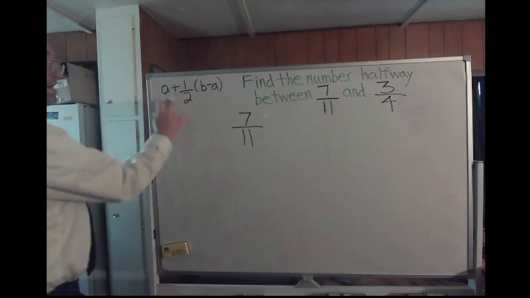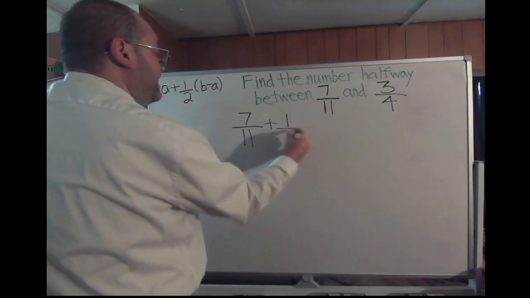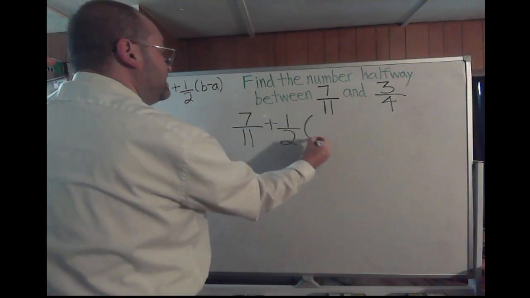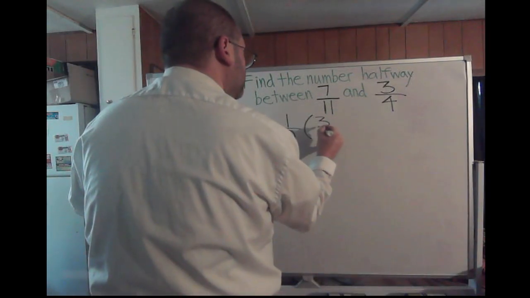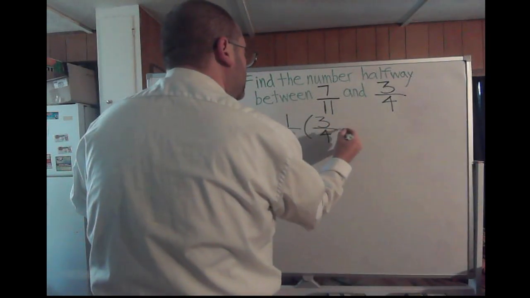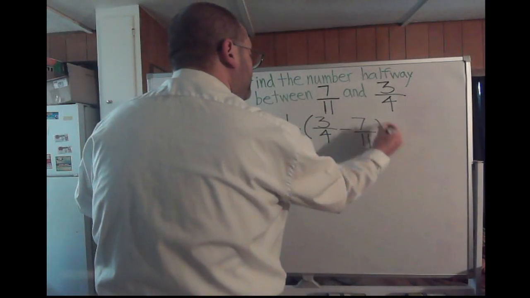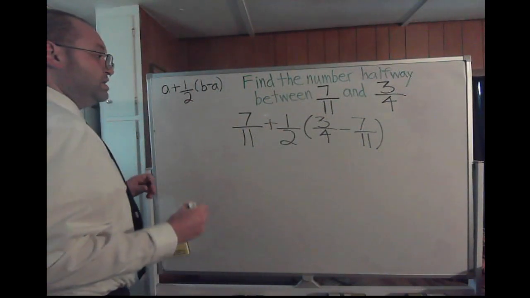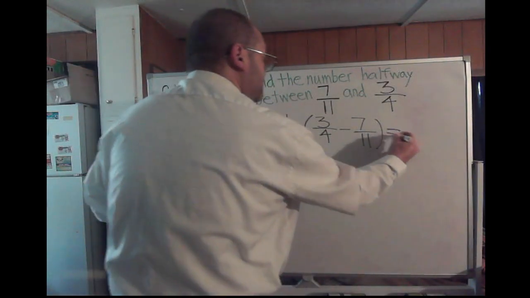That'll be your A value, which would be 7/11, and since it's halfway, it'll be plus 1/2 times your B, which is your second number of 3/4, minus the 7/11. So that's what we have so far for the initial equation.